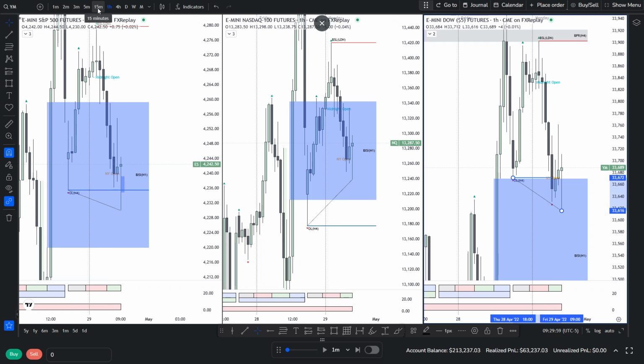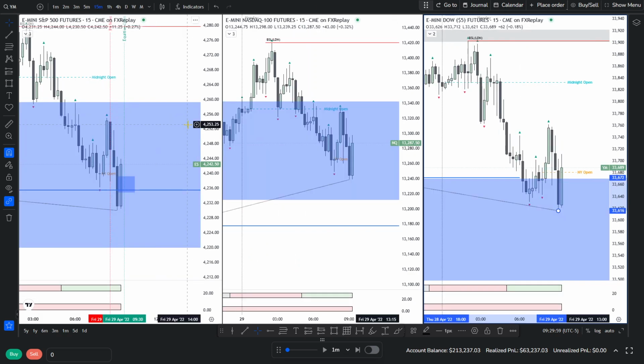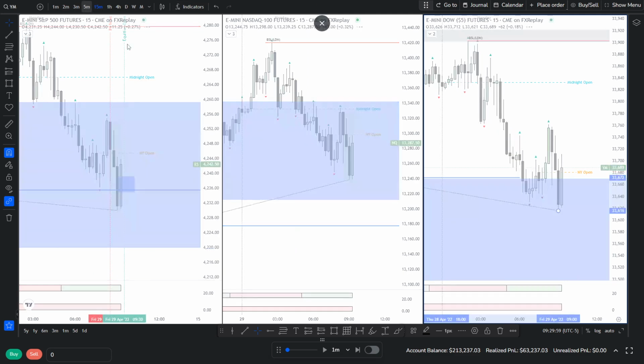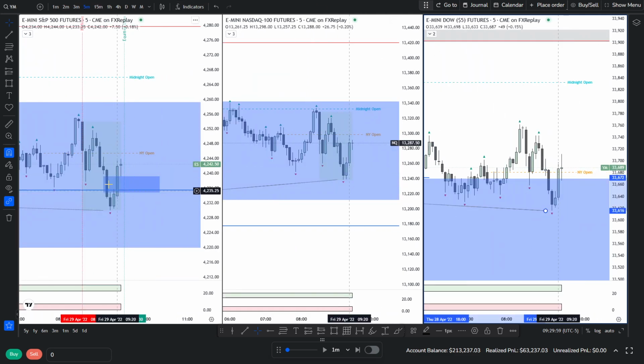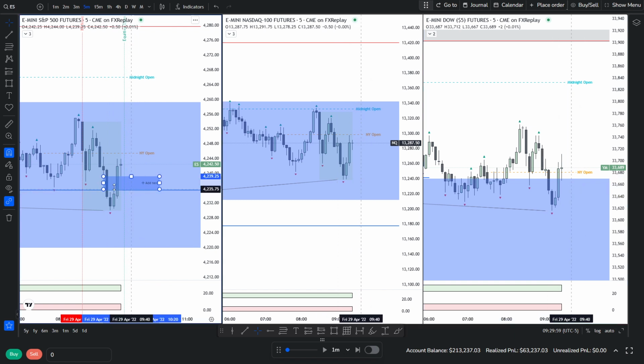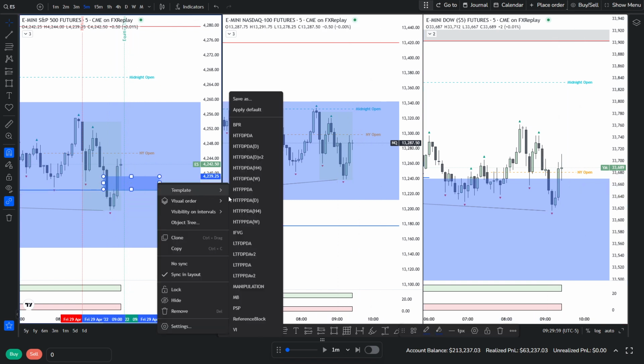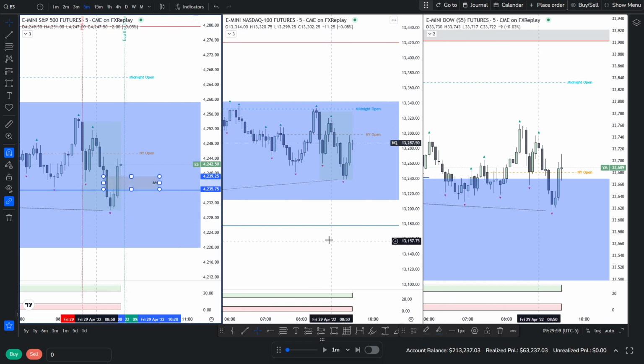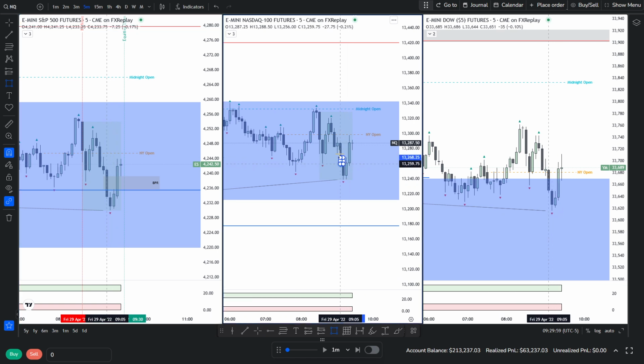Okay, so I want to have a look at the M5 on both. So we've got that potential BPR. Now if the BPR, what candle time is that candle? Yeah, so that candle's about to close, so BPR. And there's a small BPR in here as well, okay.